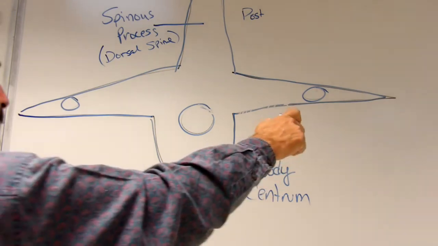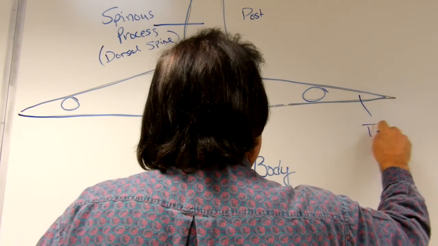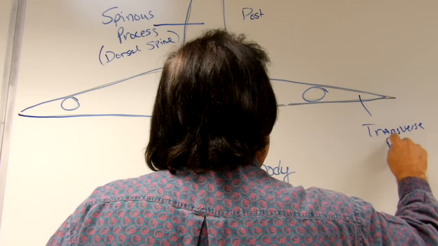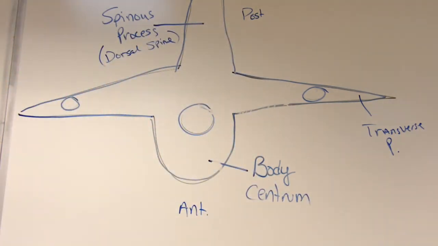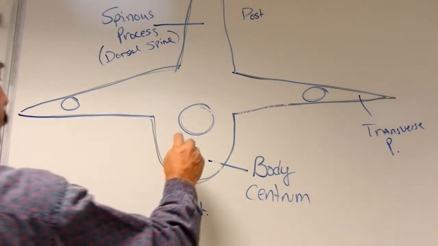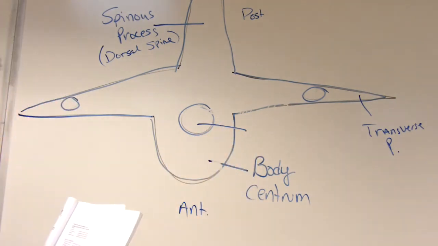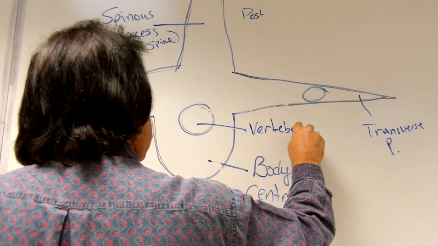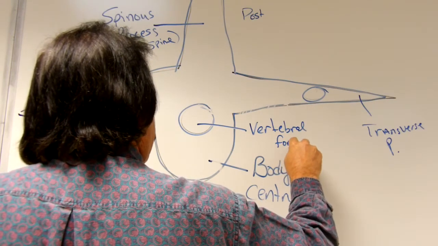You have two processes out here. Transverse and another transverse process. You have this big hole right here, and that is the vertebral foramen.